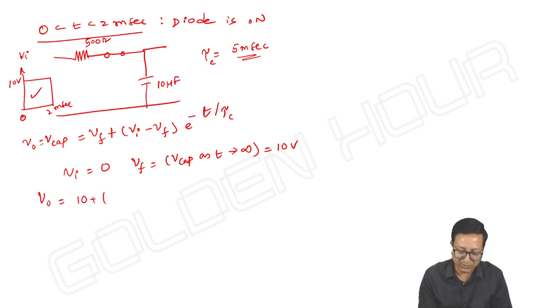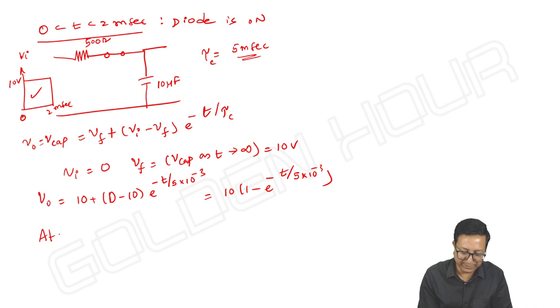So it is 10 plus 0 minus 10 into e power minus t by 5 milliseconds. That is 10 into 1 minus e power minus t by 5 milli.